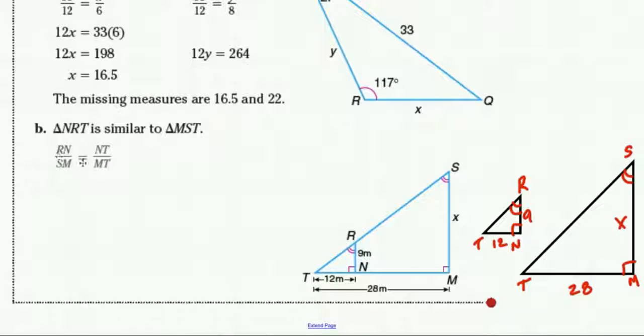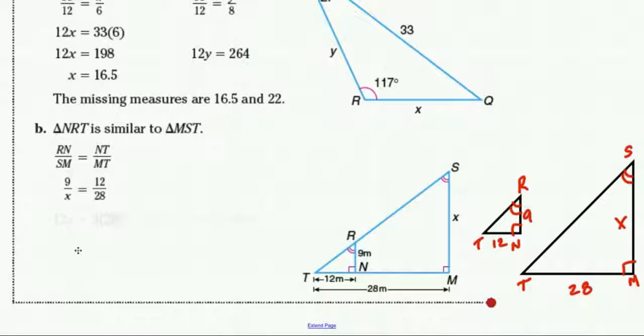We'll find our corresponding sides. We have two corresponding sides, RN and SM, which is equal to two more corresponding sides, NT over MT. So NT is this one, MT is that one. Substitute the values. You now have 9 over X equals 12 over 28.